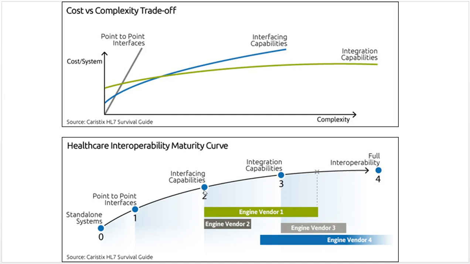It just needs a couple of connections. Once you start getting to a point where you have 3, 4, 5, 6, 8 connections, you want to start looking at integration capabilities and full interoperability, where you may need to use vendors like Epic that have an integration engine built into them, or continue to do the interfaces through your own interface engine at your hospital.